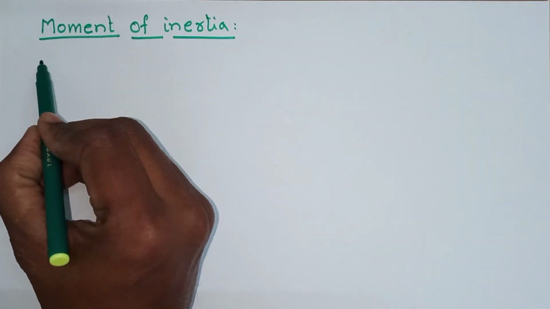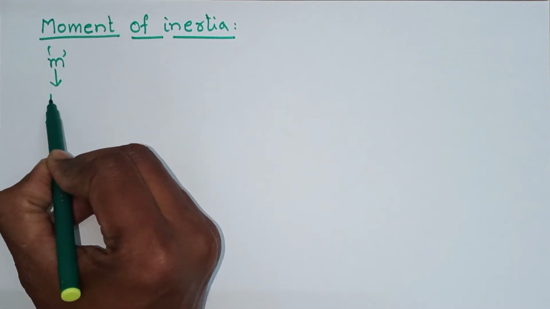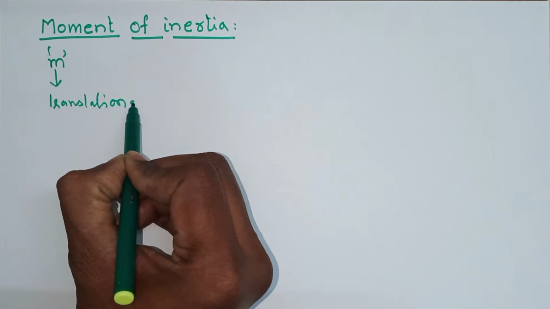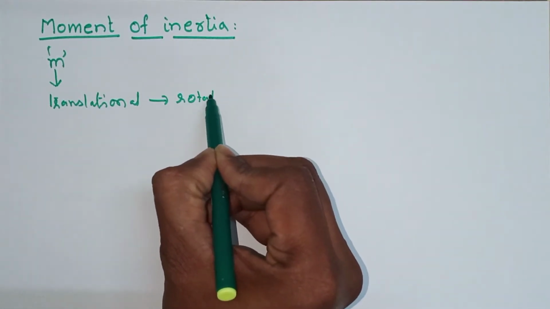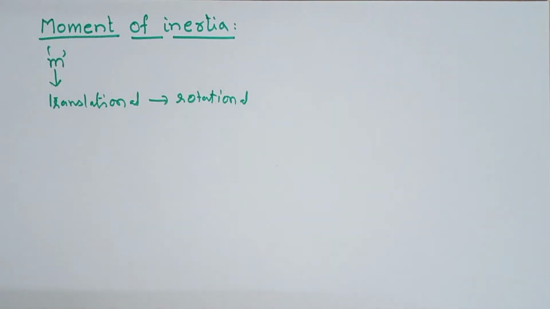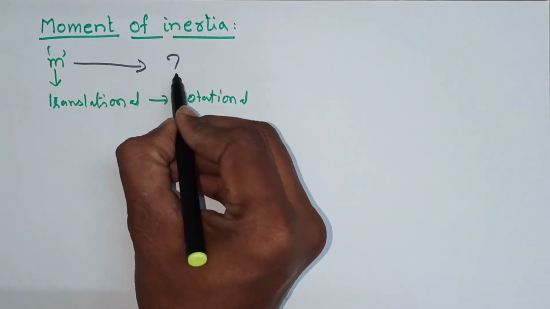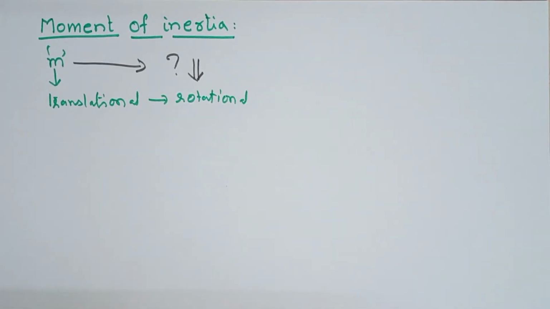But what is the role of mass m in translational to rotational? In the rotational, what is the analogy of the mass? How to study it?